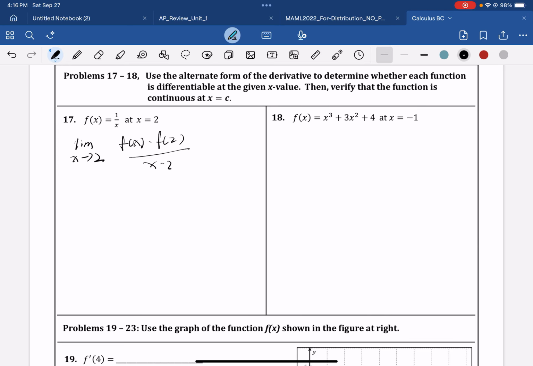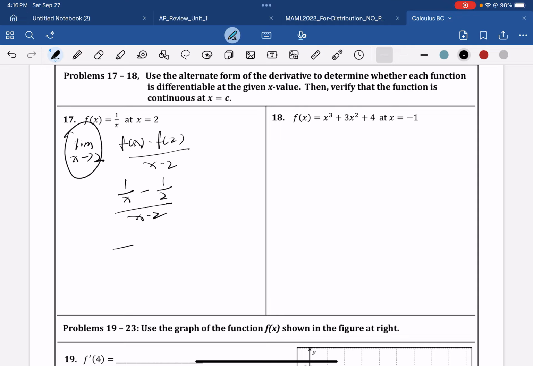over x minus 2. From the next steps, I will ignore the limit notation, but in the actual test or AP exam, you have to put limit notation in front of every step. So it goes to 1 over x minus a half, over x minus 2.